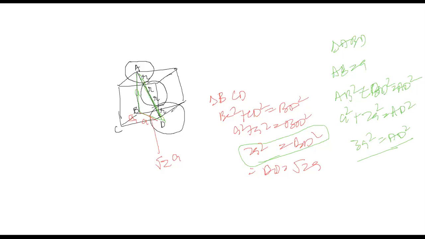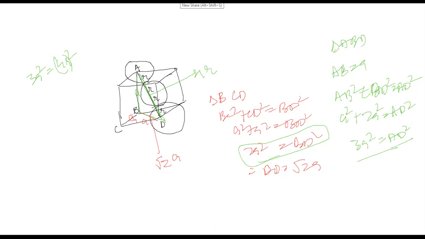So you get 3A square is equal to AD square, and please remember that your AD is nothing but 4R. So you can write 3A square is equal to 4R whole square. That is what I think we have written in the text also. Let us look into that and understand it well.